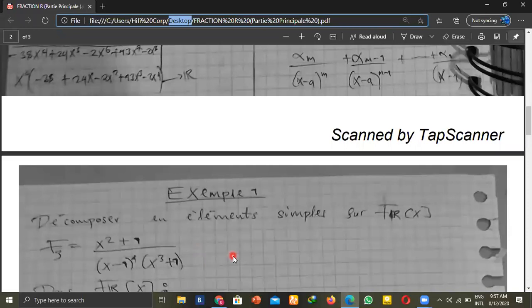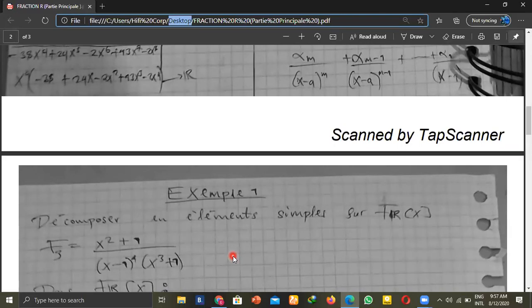Yes. What's the formula for finding the degree of a fraction rationnelle? Is it going to be degree A minus degree B? So which means it's going to be negative 5. Negative 5. What does it mean when your degree is negative?